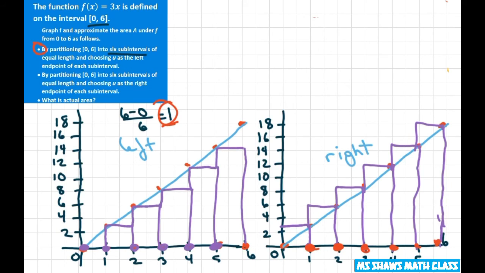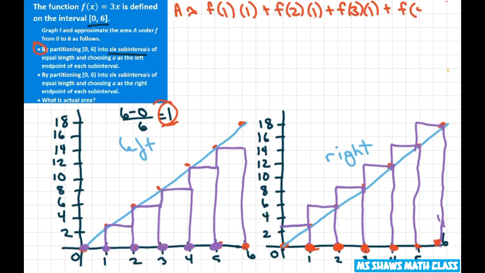The area is approximately f of 1 times 1 plus f of 2 times 1 plus f of 3 times 1 plus f of 4 times 1 plus f of 5 times 1 plus f of 6 times 1.